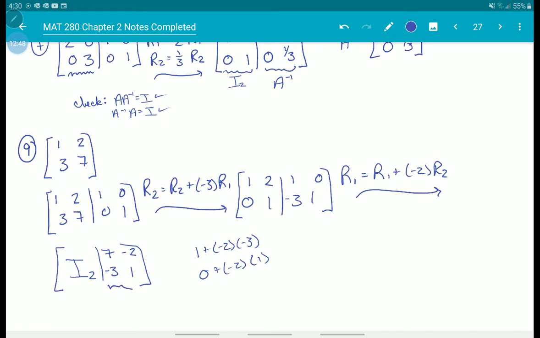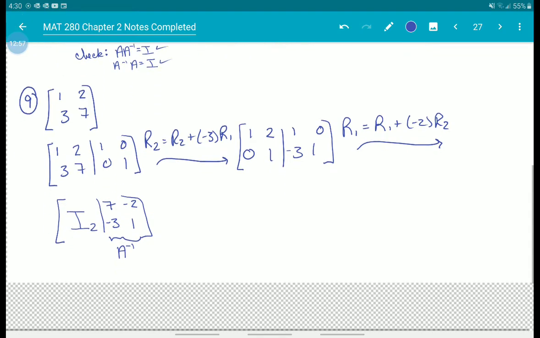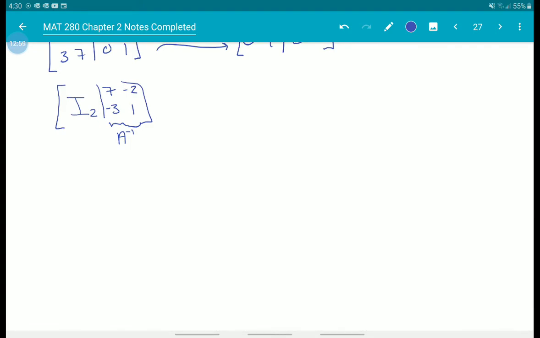So here's our inverse. And like I said, we could always check and verify that with the calculator. We could also verify that A times A inverse equals A inverse times A, which is equal to I. So we can always verify that that works.